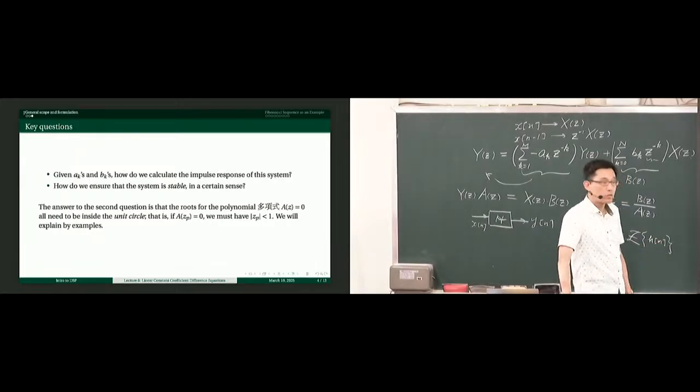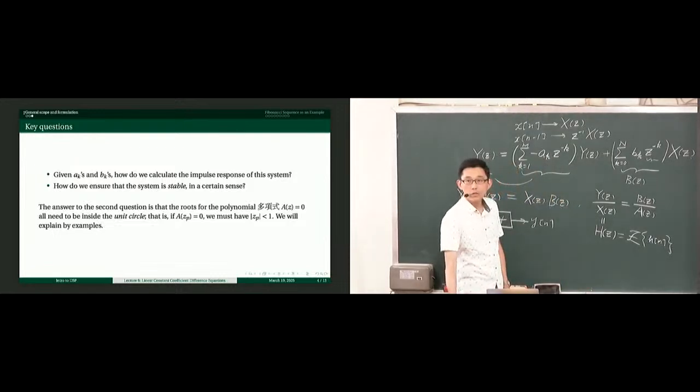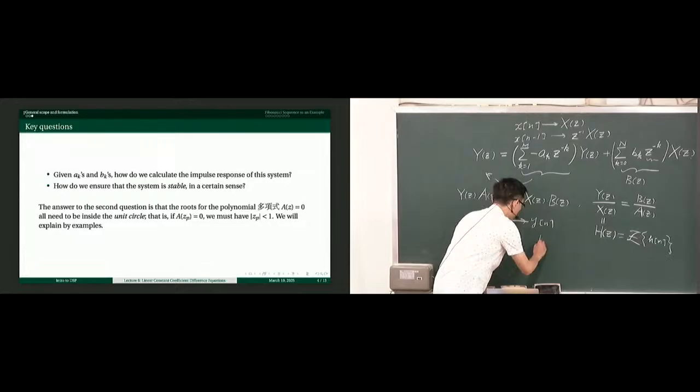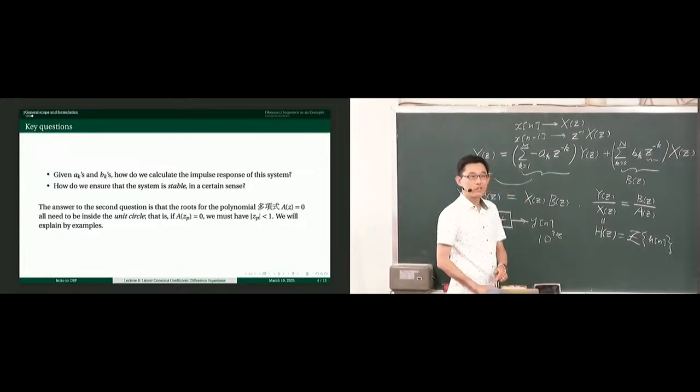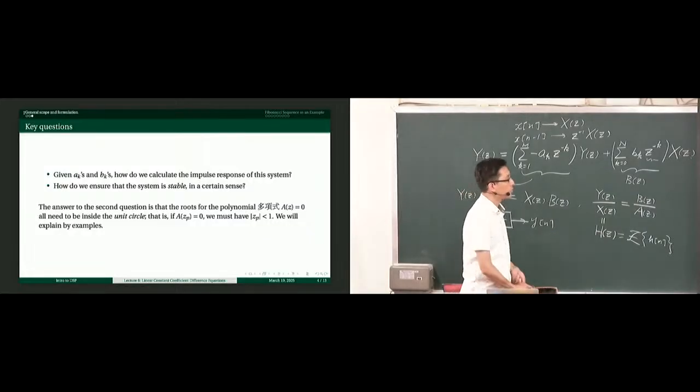We don't want the system to receive an input and the output goes to overflow. The output explodes to 10 to the 306 power. So we don't want that to happen, right? We do not like that.